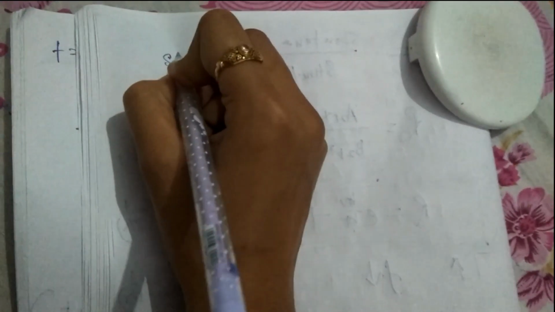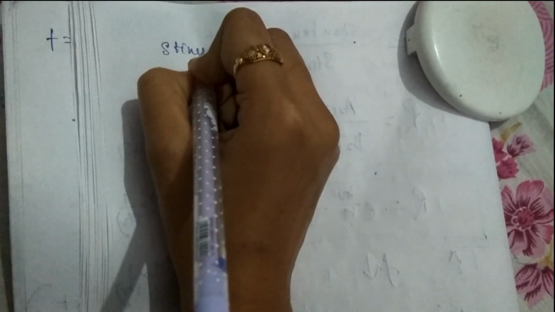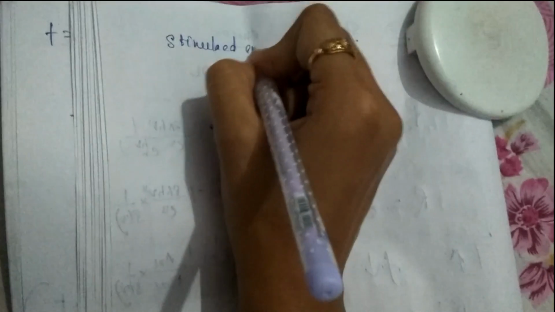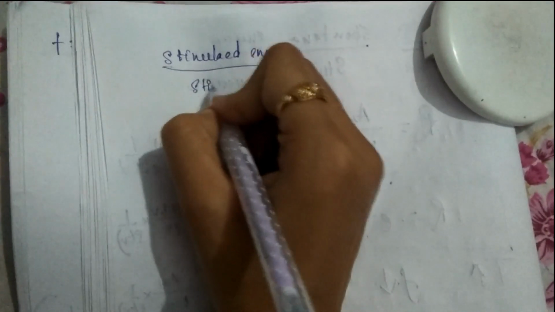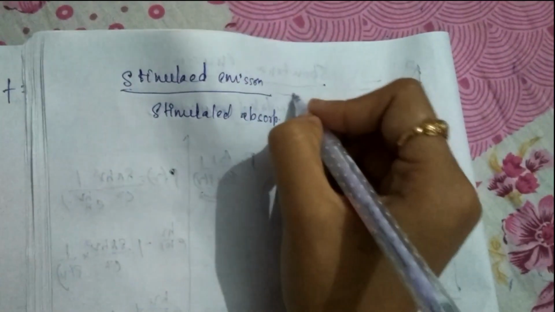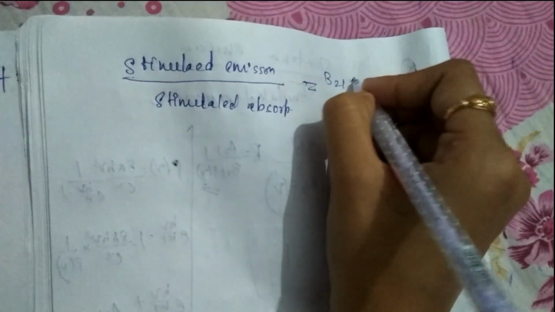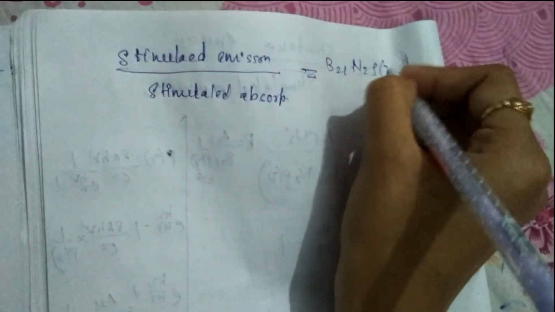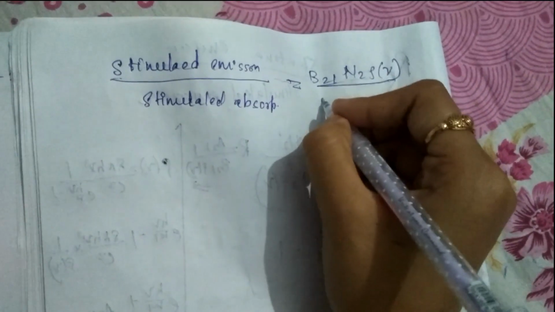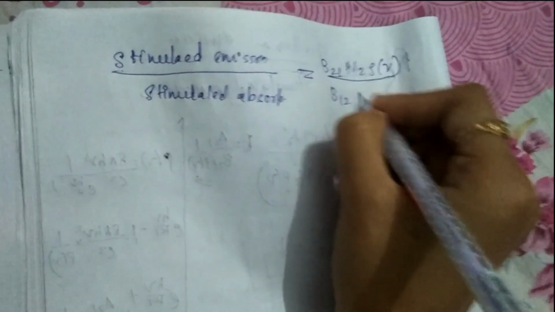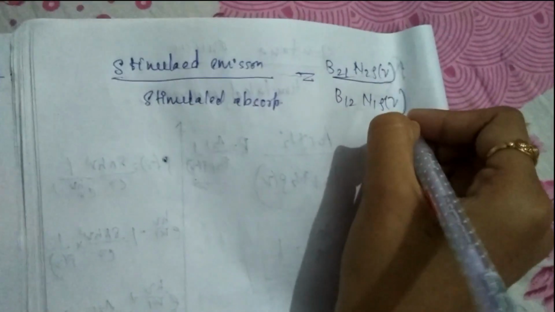Now, for the second condition, we take the ratio of stimulated emission to stimulated absorption, which is B21 N2 rho nu to B12 N1 rho nu.